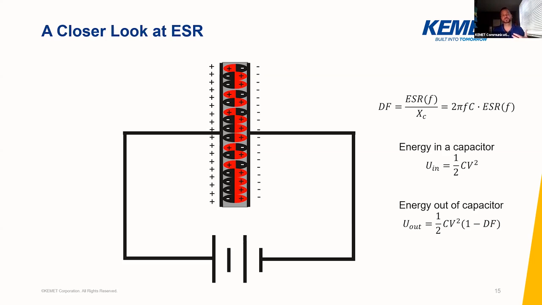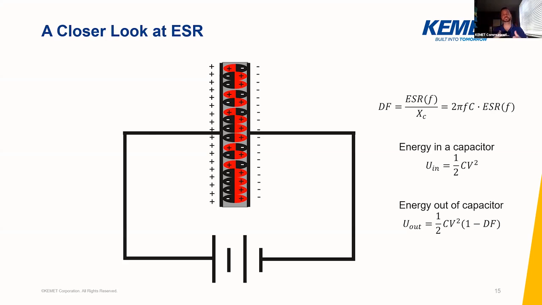And one of the things we use to measure that amount of loss is the dissipation factor, which is defined as a ratio of the ESR at a particular frequency divided by the capacitive reactance. You can also do a little bit of math, and it comes out that the dissipation factor is 2 pi F times capacitance times the ESR.